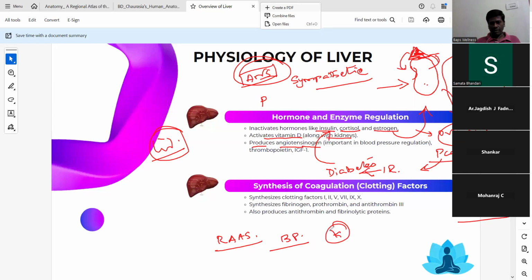For that, the angiotensin is produced based on the precursor produced by the liver, that is called angiotensinogen. So when you are looking at kidneys, you will have to look into the liver also.